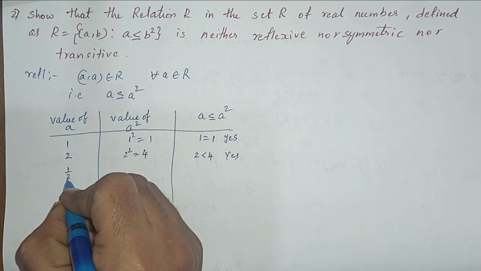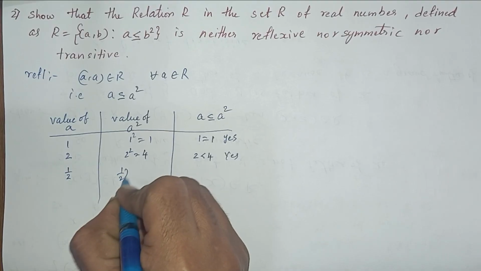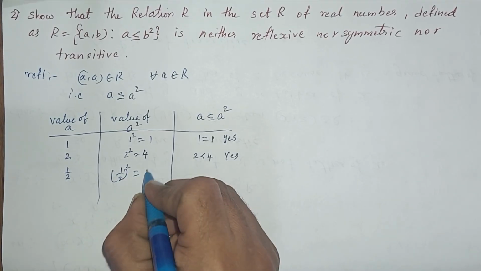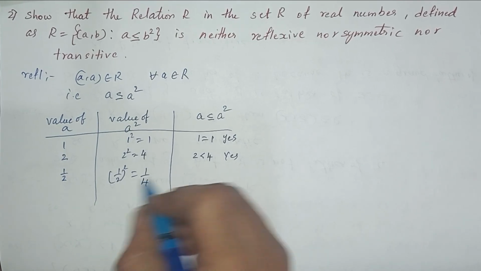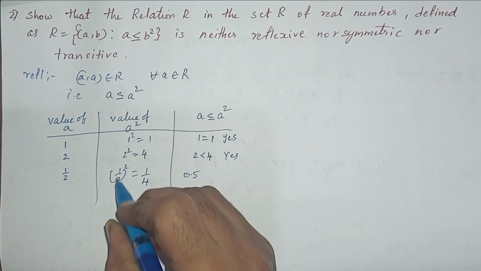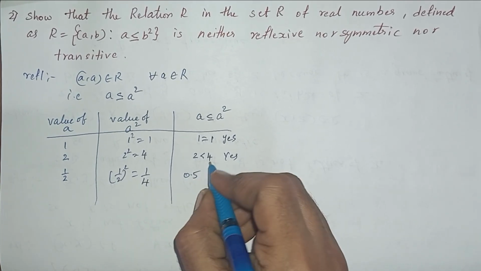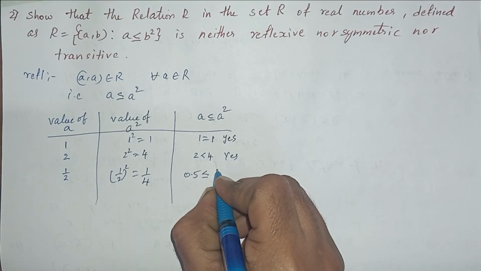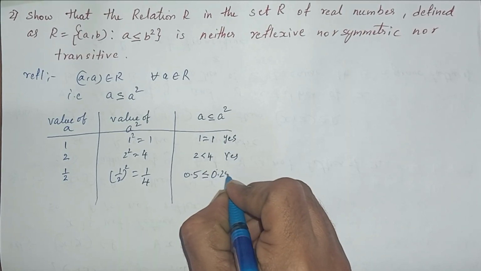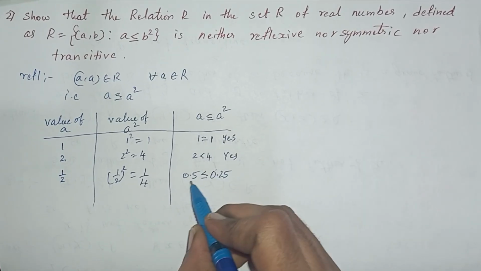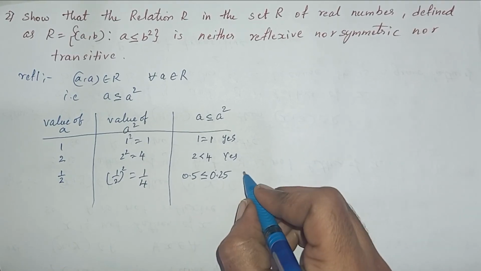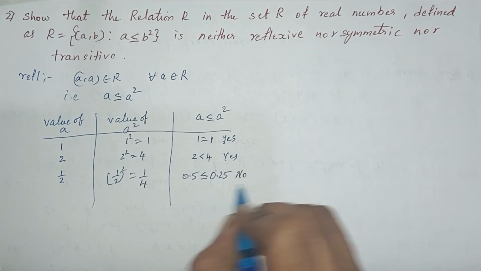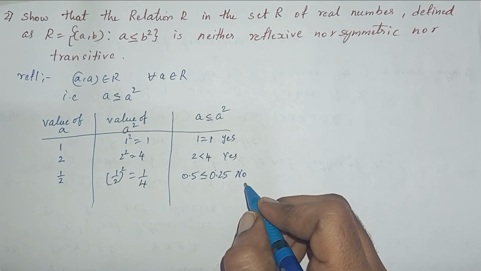Half squared, (1/2) squared, is nothing but 1/4. So 1/2 is 0.5, is it less than or equal to 0.25? No, because 0.5 is greater than 0.25. So this does not satisfy the reflexive condition.